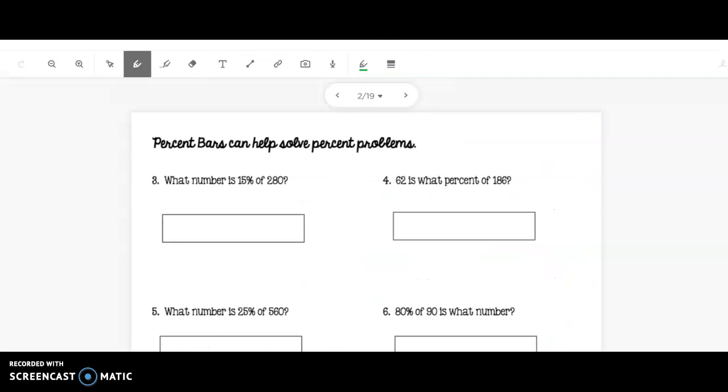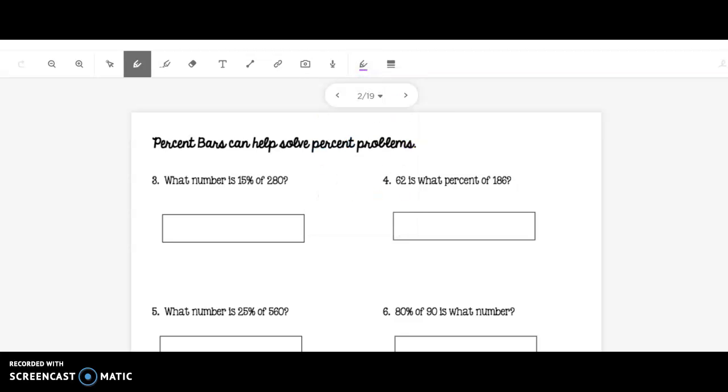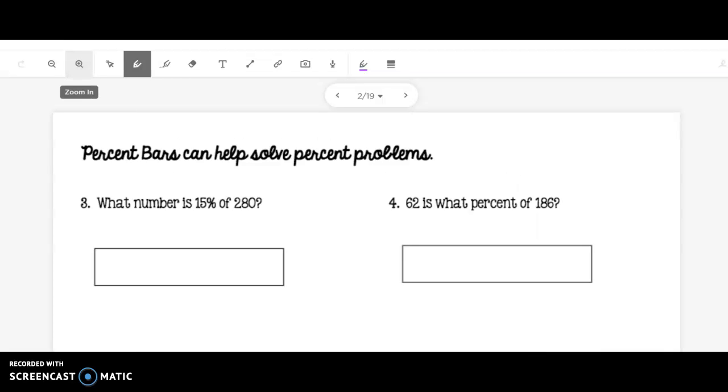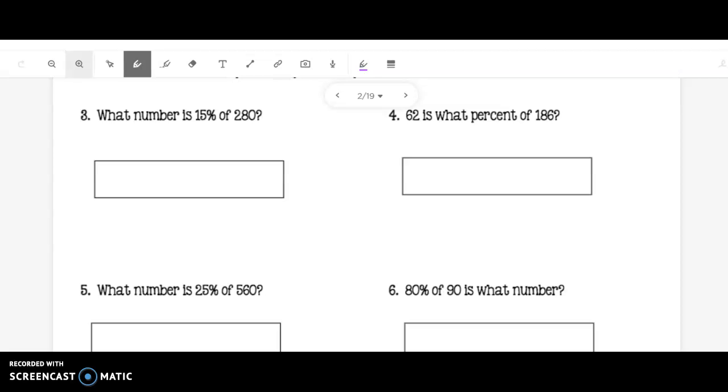Moving on. Okay, percent bars can help solve percent problems. What number is 15% of 280? All right, so the first thing we're going to do is set up this bar. I'm going to switch colors here, and go a little bit bigger too. When I set up this bar of 280, that's my whole number.